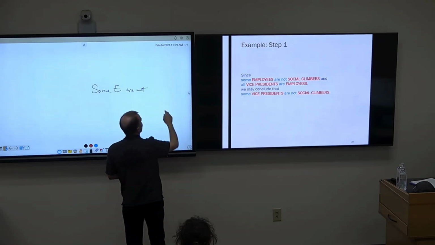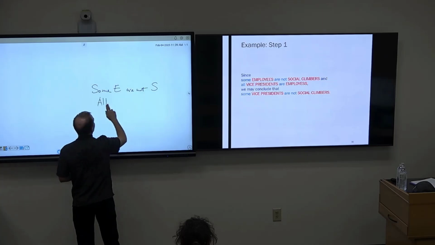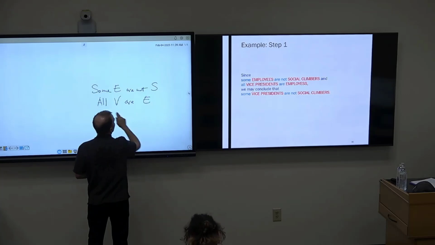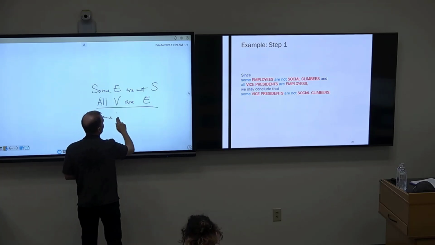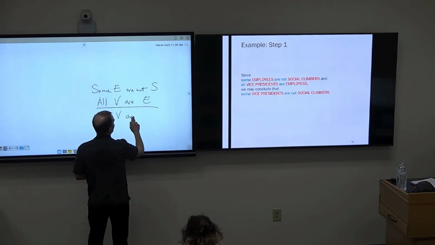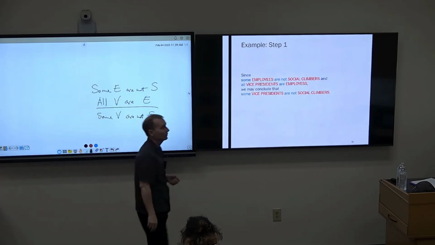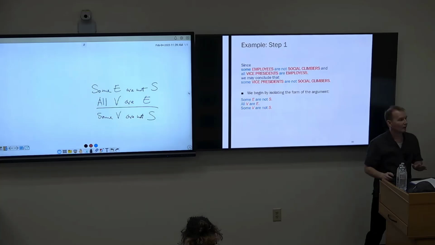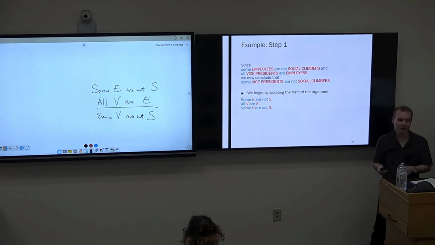Social climbers, S. All VP are E. And the conclusion becomes some VP are not S. This is our form. We extracted our form. That's exactly the same thing. E and VP, we can see it in different colors.